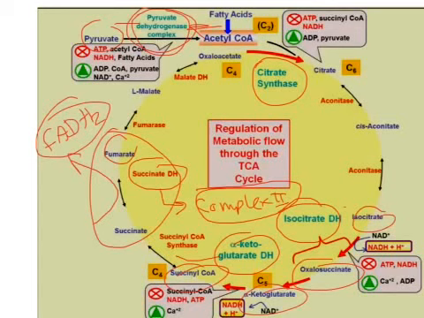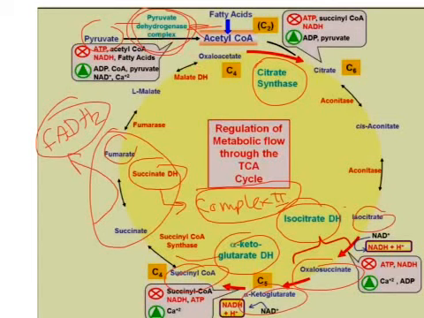Okay, in the next video we're going to look at other metabolic intermediates. So we only looked at where pyruvate and acetyl-CoA feed into the citric acid cycle. The next video we're going to look at other metabolic intermediates and where they can flow into the citric acid cycle from different points and how that affects things.